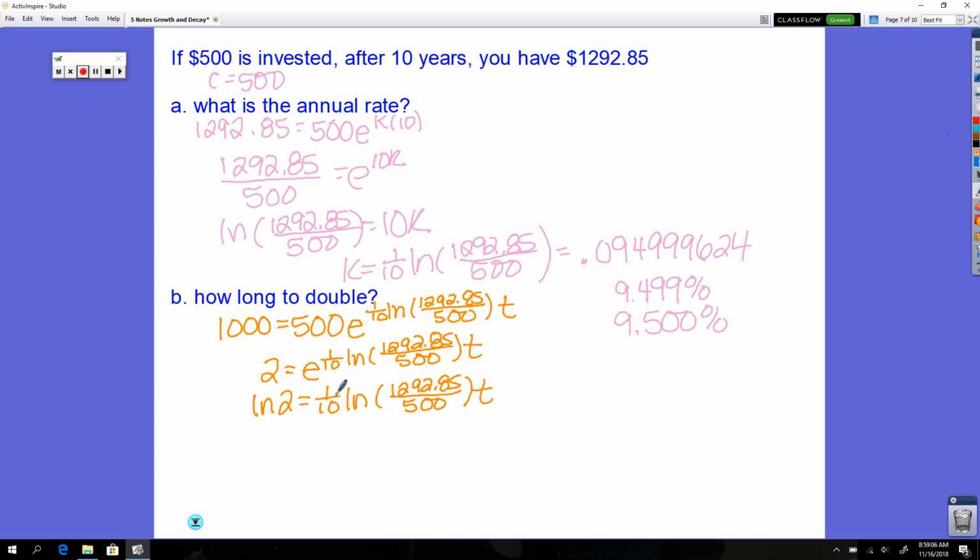So I'm going to divide by this number here. And then I put that into my calculator, and I get an answer of 7.296 years.